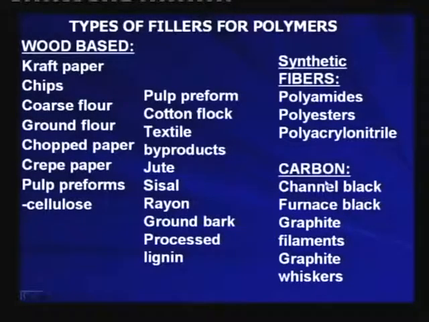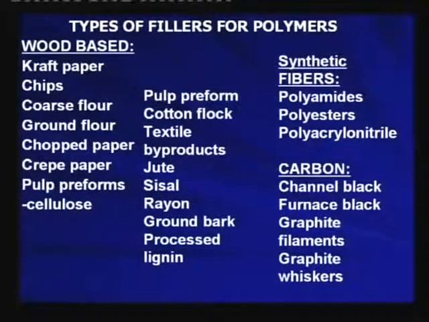Then carbon based fillers, you see carbon black, they are available in various grades. Say there are 3 major grades, channel black, furnace black and thermal black. Here only 2 are mentioned, channel black and furnace black; thermal black is not mentioned here. Channel black is used for making printing ink. Its particle size is very low, less than 10 nanometer.